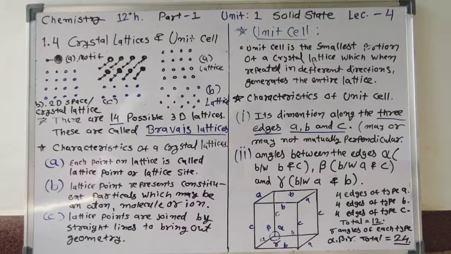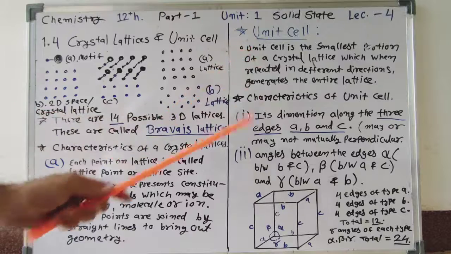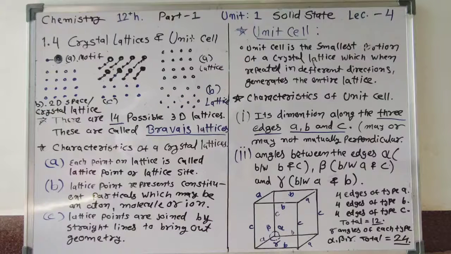We choose the structure which has the shortest perpendicular sides, and we should be able to repeat that unit cell to create the entire crystal lattice. Also, unit cells have shapes such that they fill the whole lattice without leaving space between the cells. So in short, the unit cell is the smallest portion of a crystal lattice which, when repeated in different directions, generates the entire lattice.